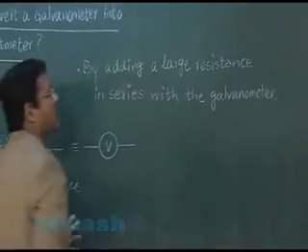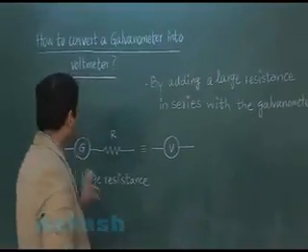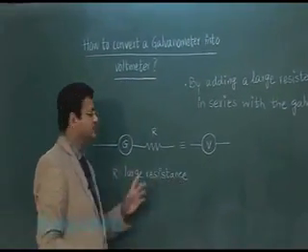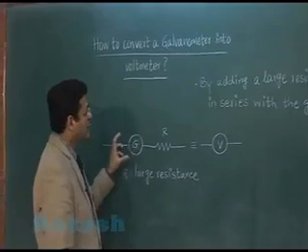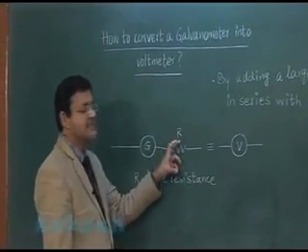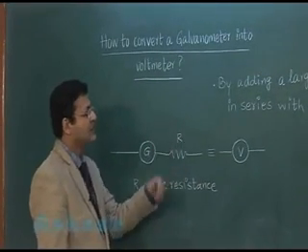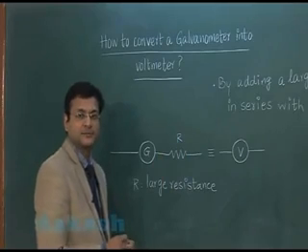You understand? If you want to convert a galvanometer into voltmeter, then all you have to do is connect a very large resistance in series with the galvanometer, and that will make it voltmeter.